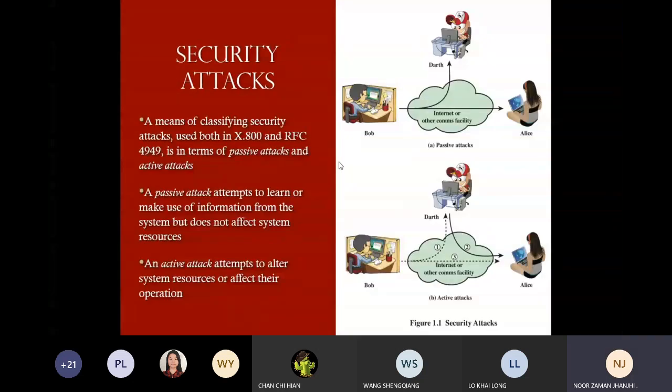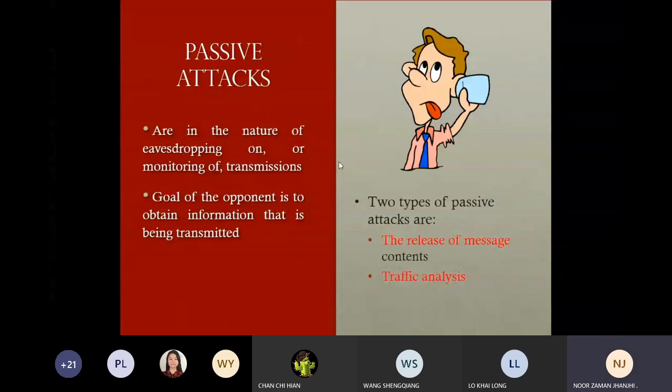In the passive attack, Dart is doing the same thing. He's trying to get the information, reading the information, and he's not doing any operation at this stage, but doing the traffic analysis, decrypting the messages, getting all the information about the messages being sent by Bob to Alice. So this is the same thing.